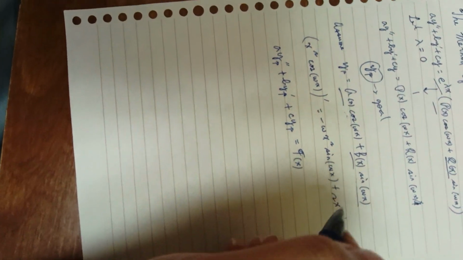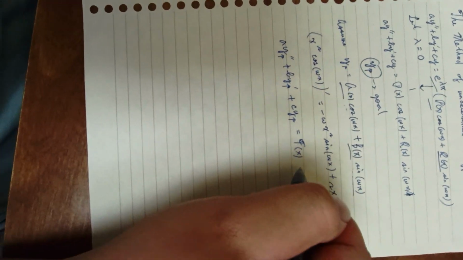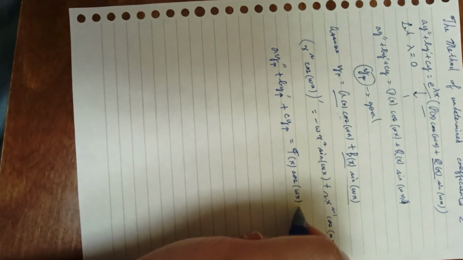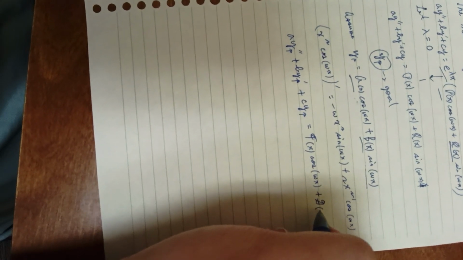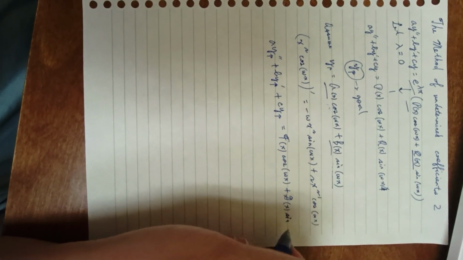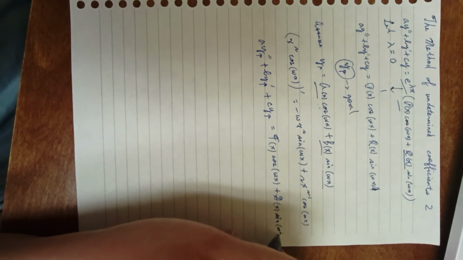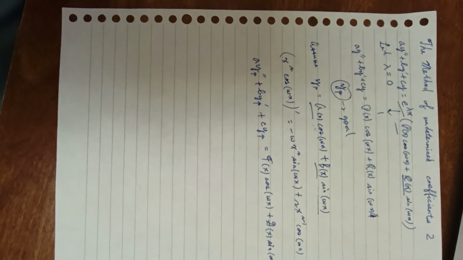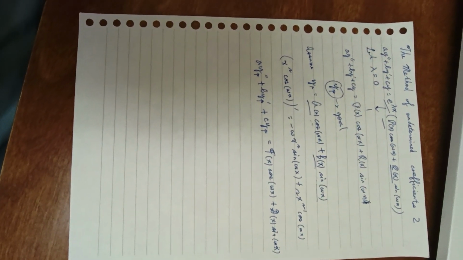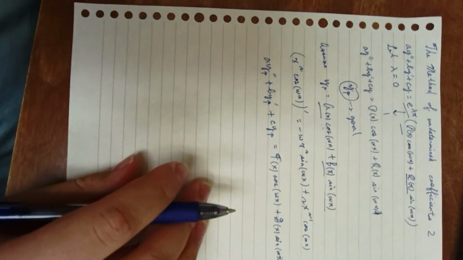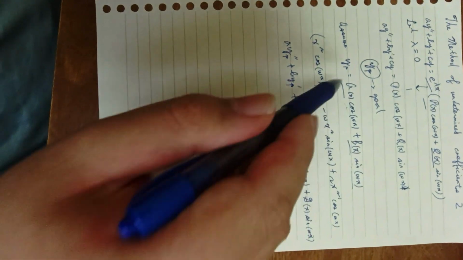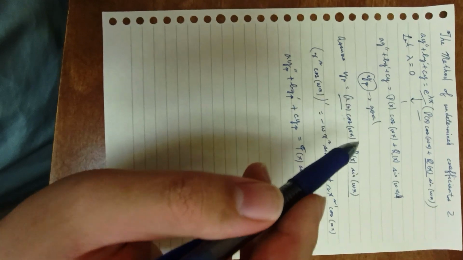We can set it as Fx cosine omega x plus Gx sine omega x, right? Because we're trying to solve the initial equation, we assume the particular solution is that.